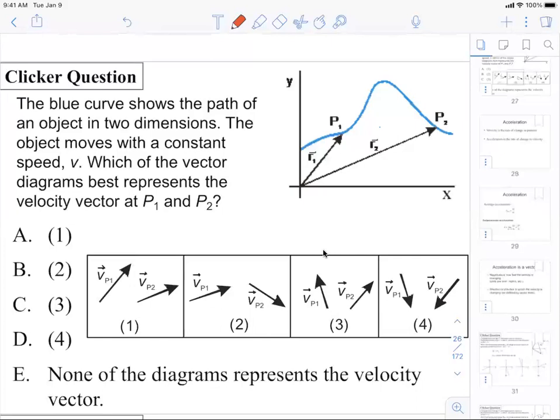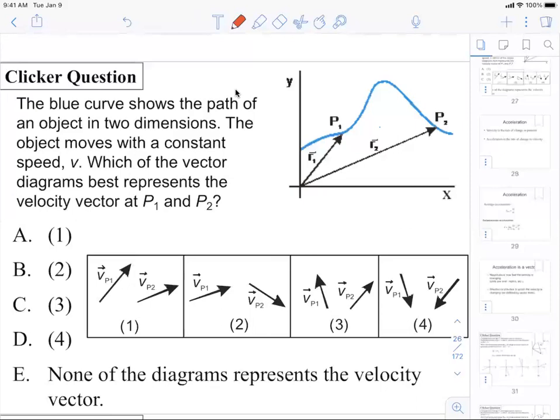Okay, any last minute vote? Okay, I'm going to go ahead and end this and then let's take a look at our results together. You can see that we have a majority choosing B and some choosing A as well. Let's take a look.